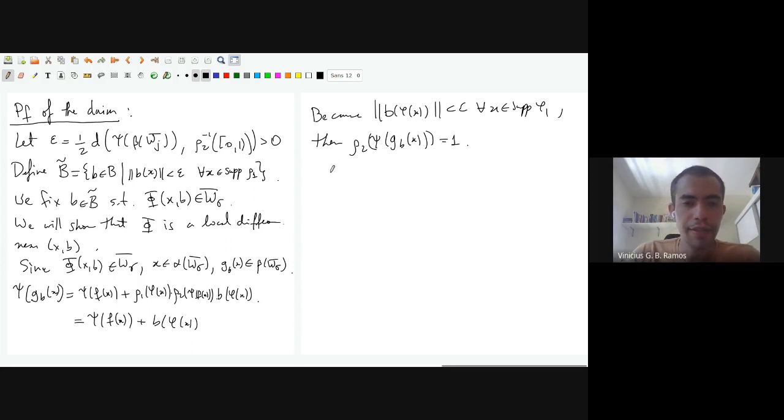So phi composed with GB is equal to phi composed with f plus b composed with phi. Well, let me put the x here, in a neighborhood of xb.